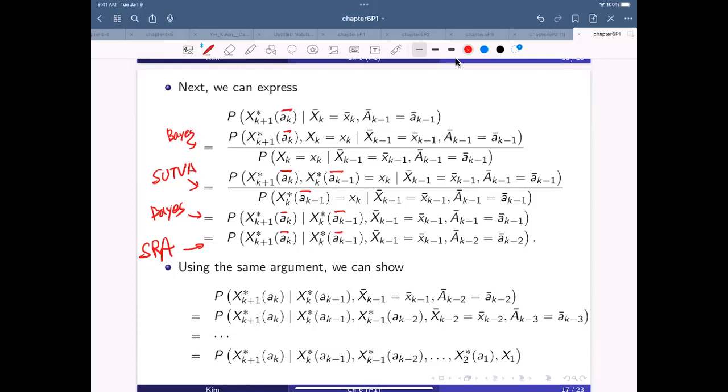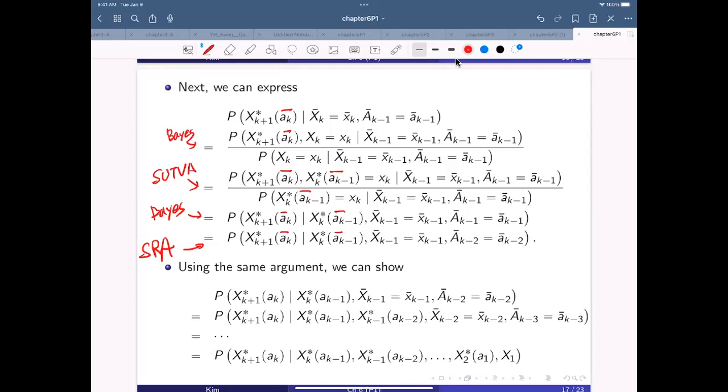So if you look at what happened from here to here, applying the same argument, this guy can be changed to the potential outcome, and this one has a reduced order.